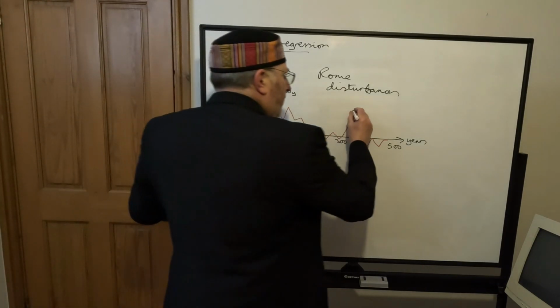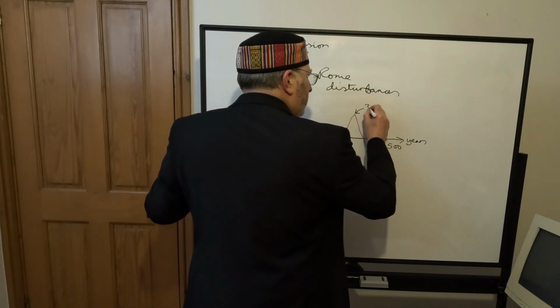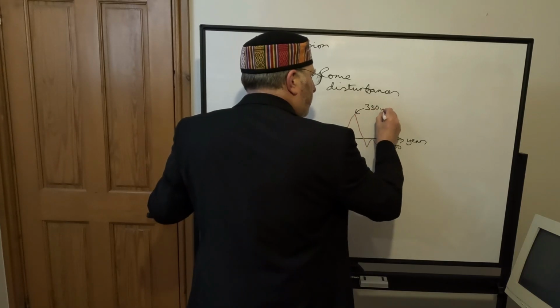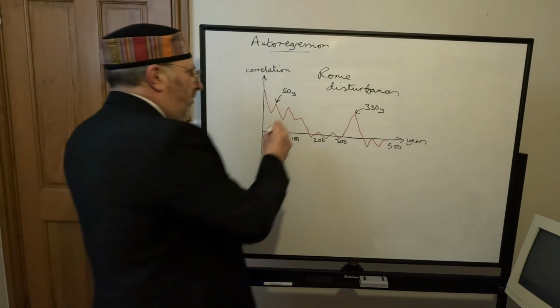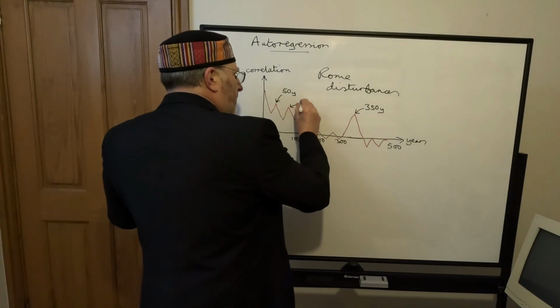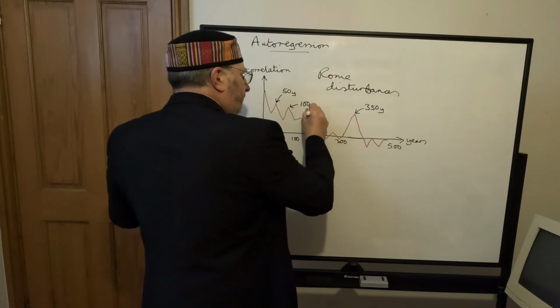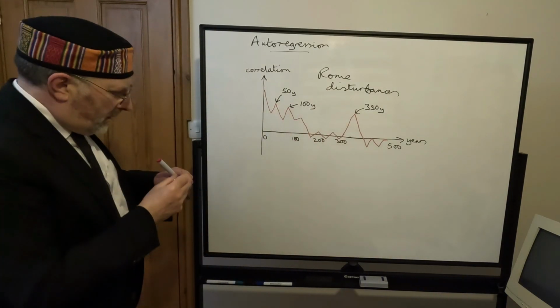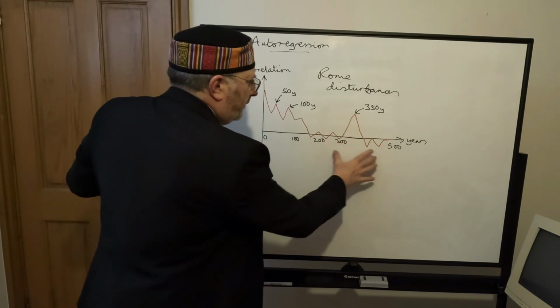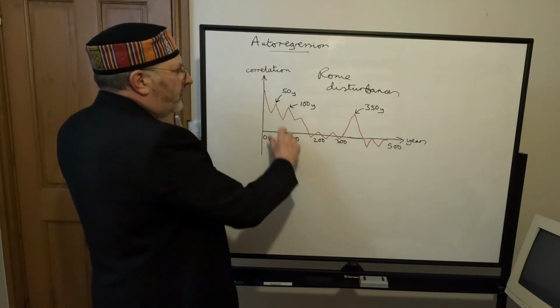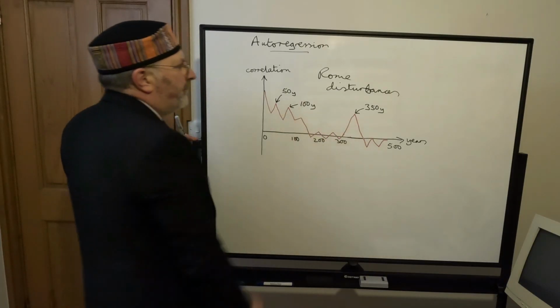And there's another peak here at 350 years. And there's also a bit of a peak at 100 years. And then at other values, there's very little correlation or even negative correlation. So these are the key peaks.